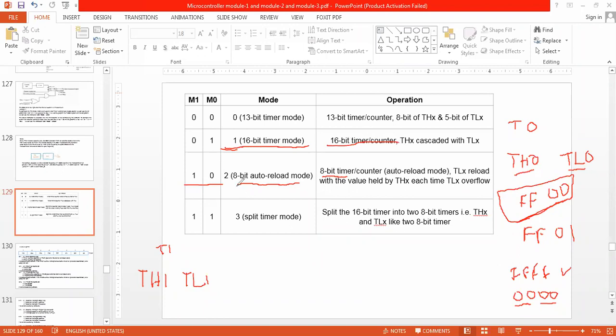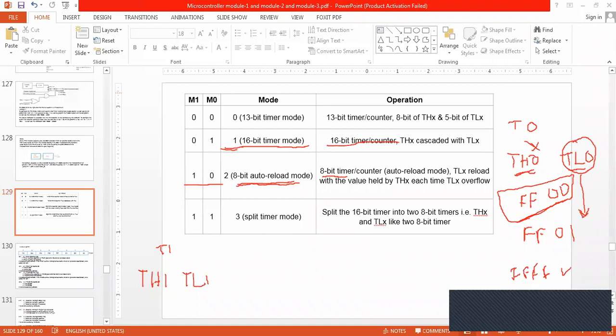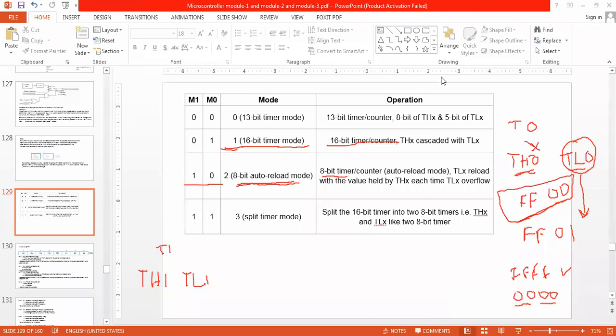Now here, 8-bit mode means only TL will be working. Only TL will be incrementing. TH will not increment. But what will happen? Whenever TL0 goes beyond the maximum number, whatever value is inside TH0 will be loaded into TL0.